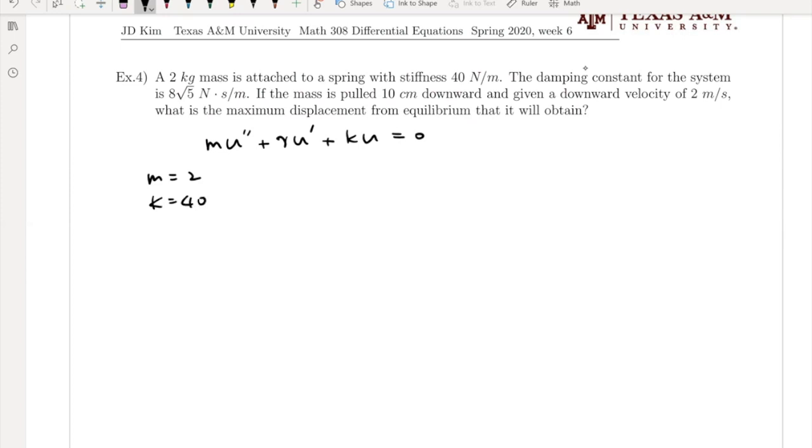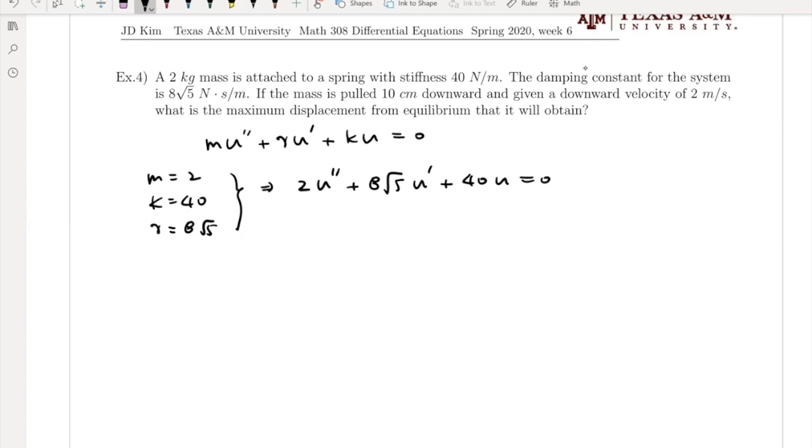And the damping constant is 8 square root of 5, so your gamma is 8 square root of 5, okay? We plug this in, and we can update my differential equation like this: 2 u double prime plus 8 square root of 5 u prime plus 40u is equal to 0, okay?